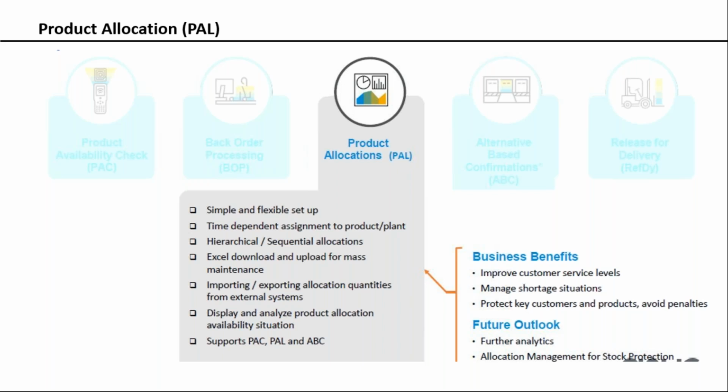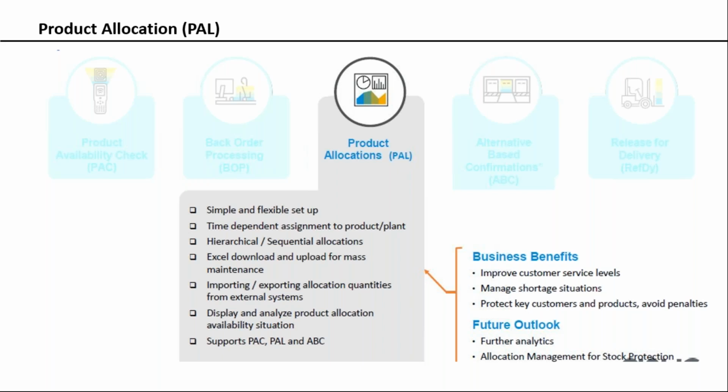Here some of the benefits and feature scope are listed out. Improve customer service levels and manage shortage situations effectively, in cases where demand is more and supply is less. Protect key customers and products to avoid any penalties.